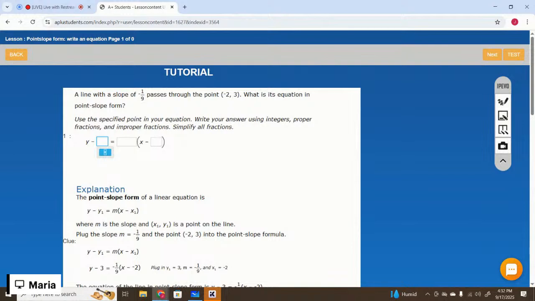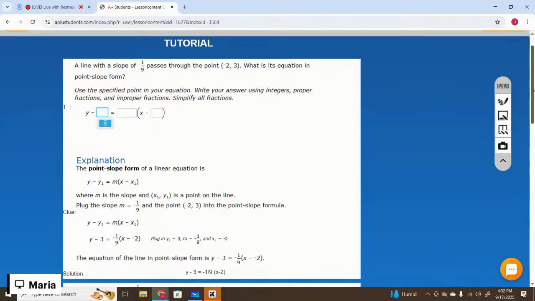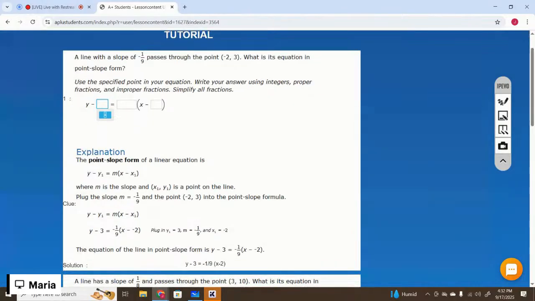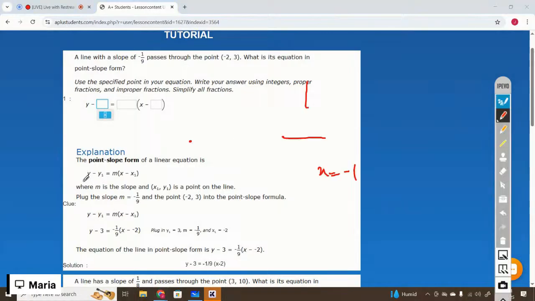A line with a slope of -1/9 passes through the point -2, 3. What is its equation in point slope form? So the equation of the point slope form is y minus y1 equals m times x minus x1. We are given the slope and this is actually the point x1, y1.